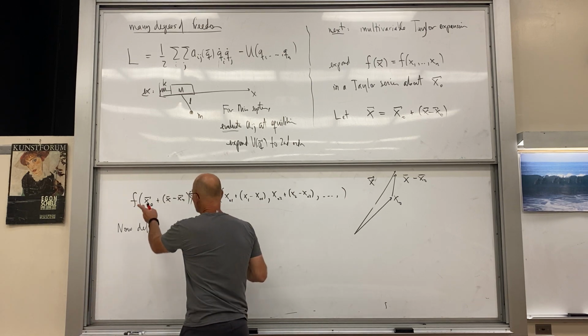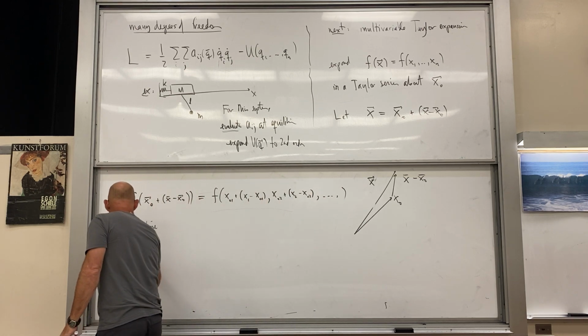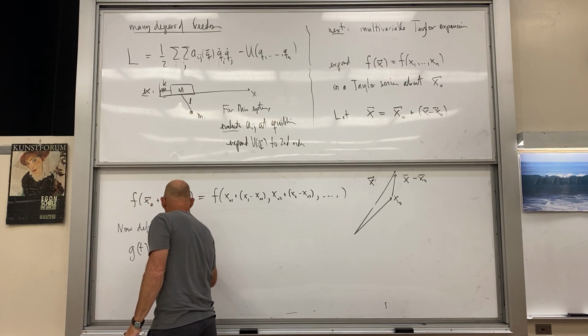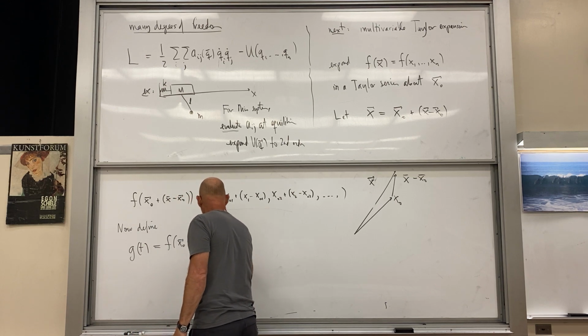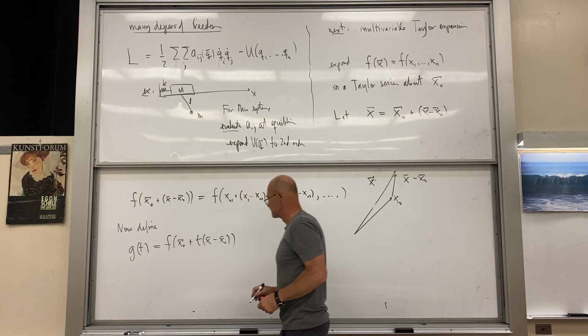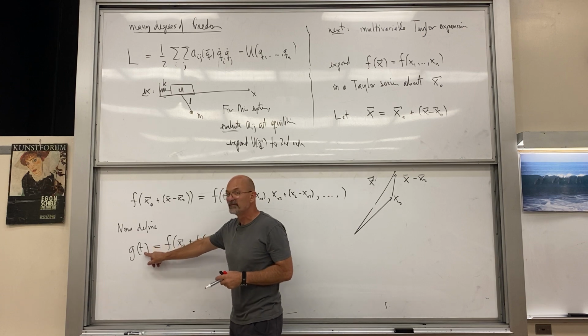See, this is a scalar function of a vector variable. So we're going to find g of t equals f of x0 plus t times x minus x0. And now we have a scalar function of one variable.